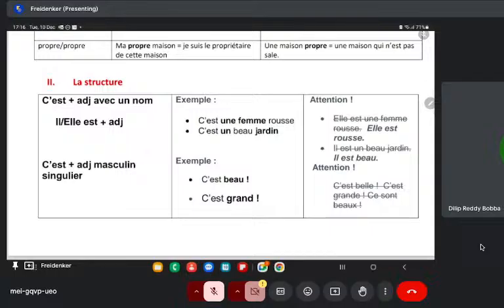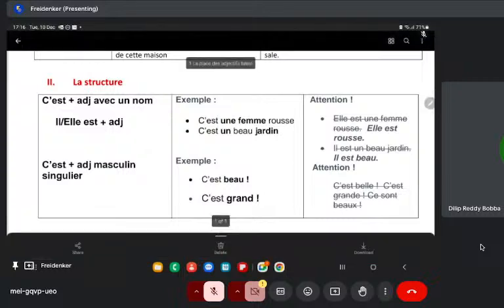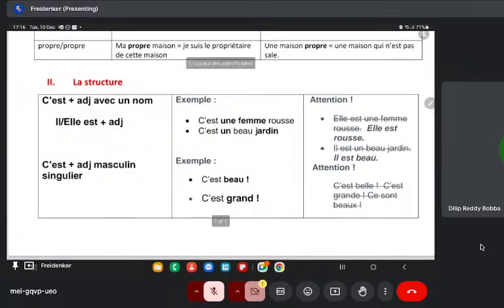If you want to use a noun, then you have to use "c'est". "C'est un beau jardin", it's a beautiful garden. Or if you want to say the garden is beautiful, then you have to say "le jardin est beau". Okay, more examples.